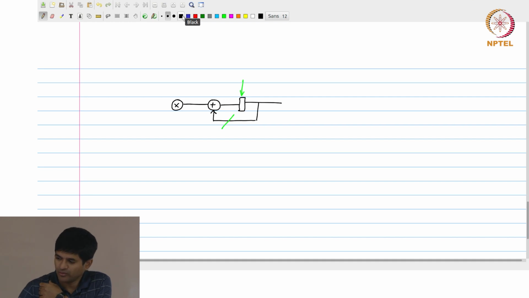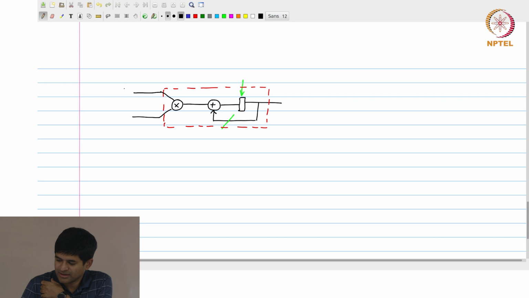But now with this structure in place, how would you do your filtering? One way that I can think about it is, I have the inputs coming in from here.